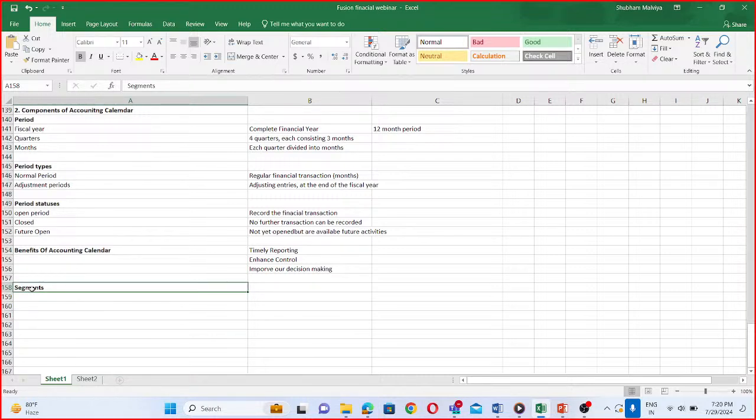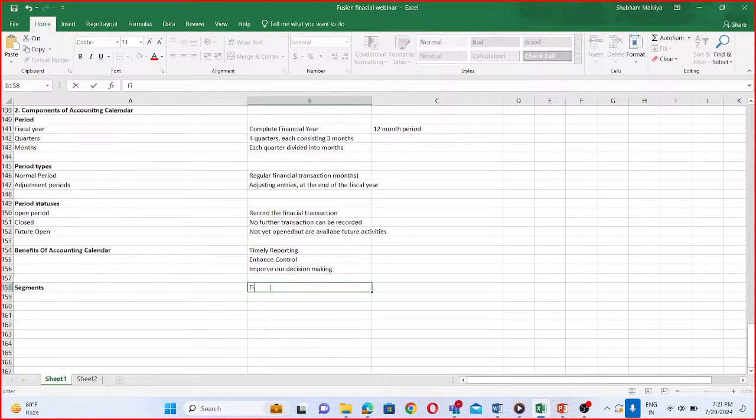Creating segments in Oracle Fusion is crucial for detailed financial tracking. So we make it for financial tracking, also for reporting, also for analysis.